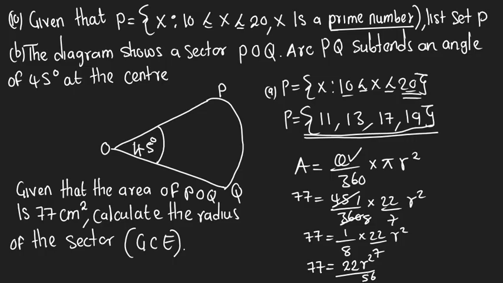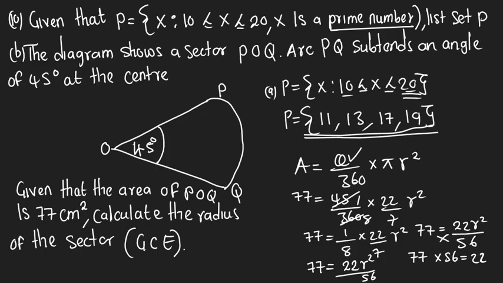What else can we do about it? I want to see how best I can put it so that it becomes very simple. So 56, would it be easy to cancel if I put it this way? So this is going to be 77 is equal to 22 r to the power 2 over 56, right? Then you cross multiply. Would it be simple if I put it this way?